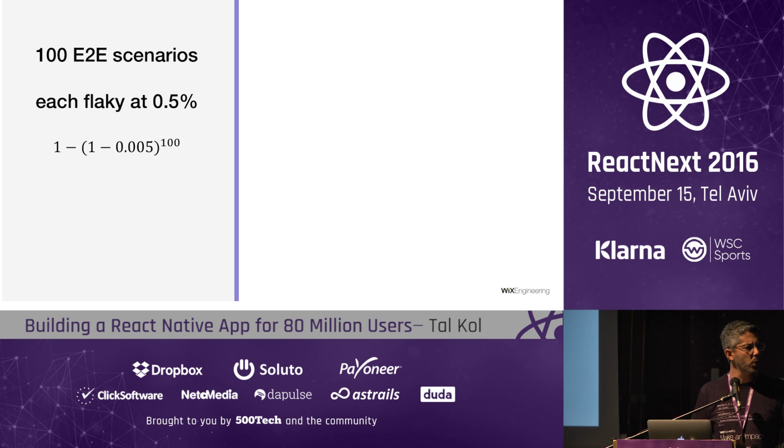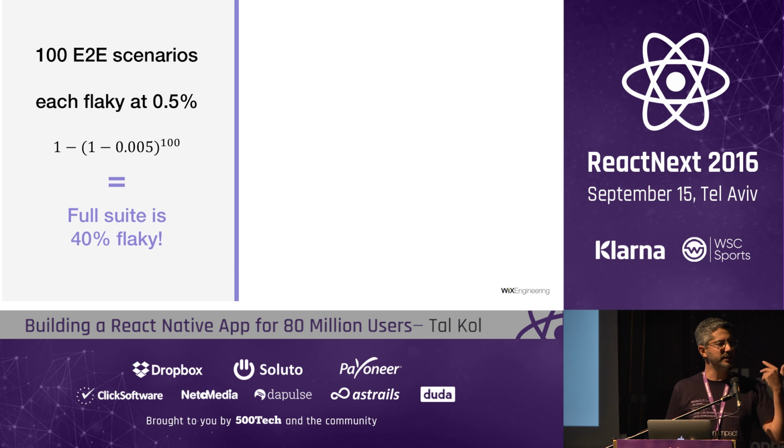This part is a little slower, and you try to have the test execute very quickly, because end-to-end tests take a lot of time running. So let's say every test is flaky in about 0.5%, and if you remember your probability from school, it makes the entire suite 40% flaky, meaning there is a 40% chance it will fail without any good reason. Everything is still working. And this trend is making end-to-end undependable.